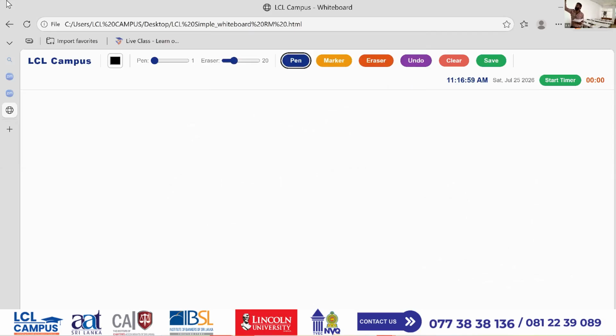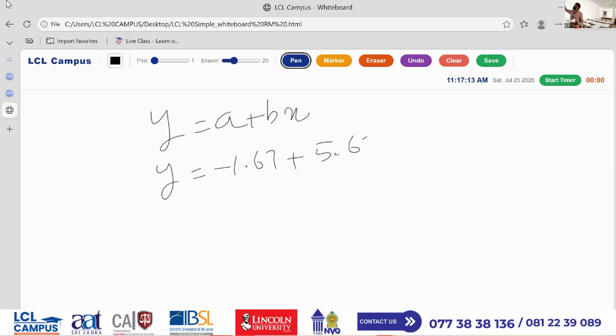To represent the relation, y equals a plus bx. That means y equals minus 1.67 plus 1.567 x.